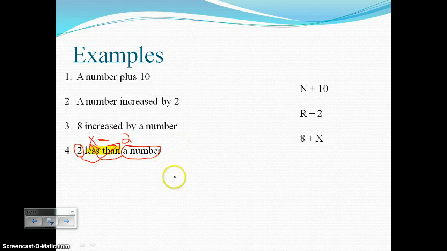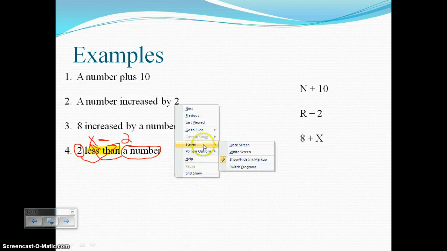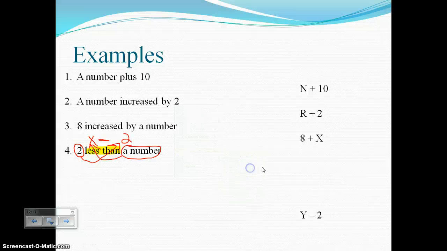So in this case, my answer would be x minus 2 or y minus 2. Again, whatever is in front of the "less than" goes behind the minus sign, and whatever is behind the "less than" goes in front of the minus sign.